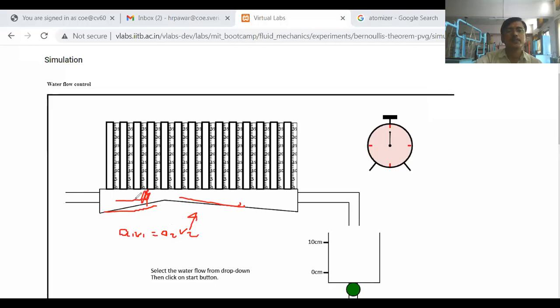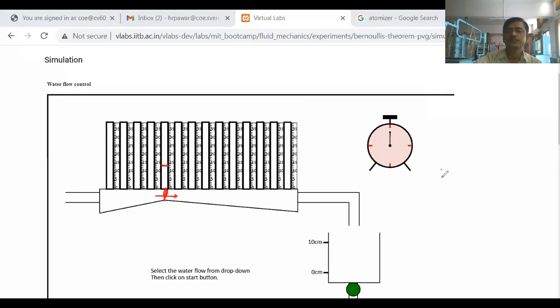So the velocity head will increase. It will be maximum at this particular point where the cross section area is minimum. So the velocity head will be maximum here, and how should be the pressure head? Velocity head will be maximum, but pressure head will be minimum.